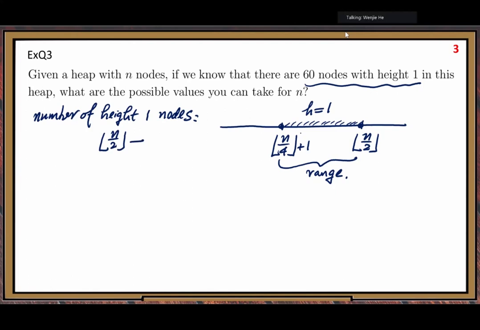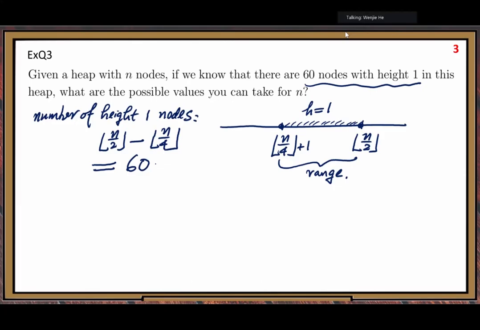We cannot subtract the lower bound, but the one right before it, so n over 4 floor function. That is the formula, and we know it equals 60. Then we need to find all the possible n values.